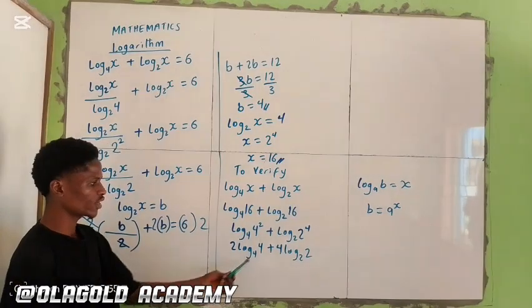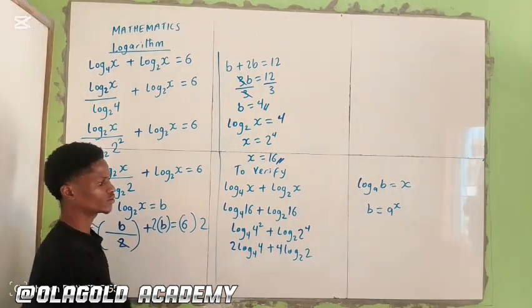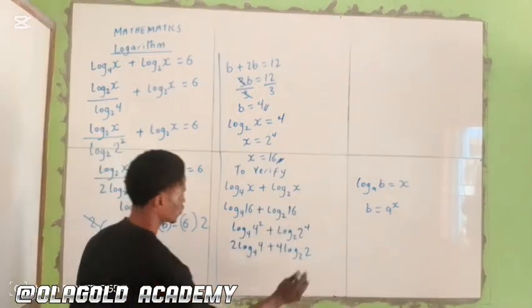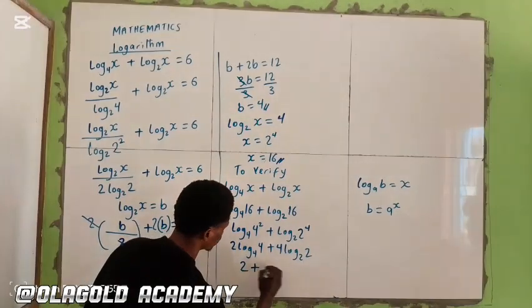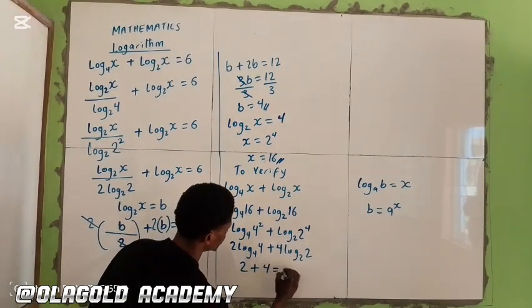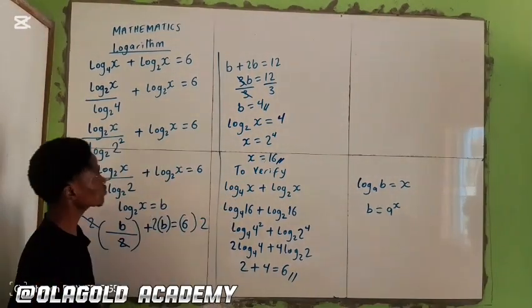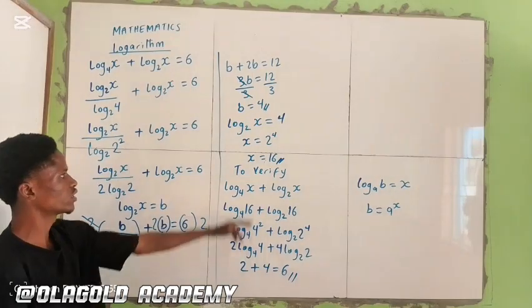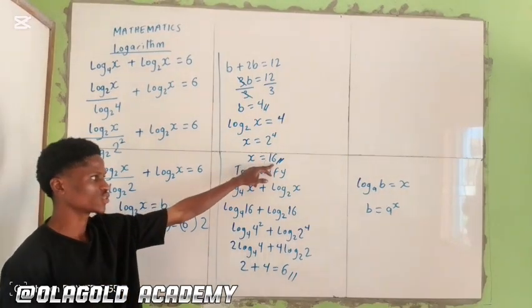So what happens here? Log 4 of 4 becomes 1. Log 2 of 2 becomes 1. I'm going to get 2 plus 4 to give me 6. So it means my x, which is 16, is correct.